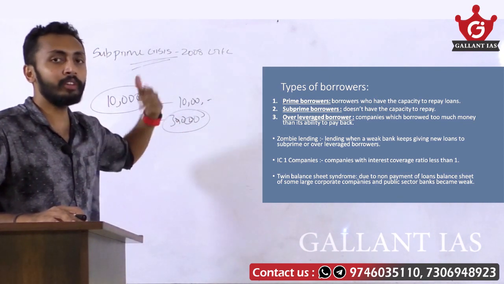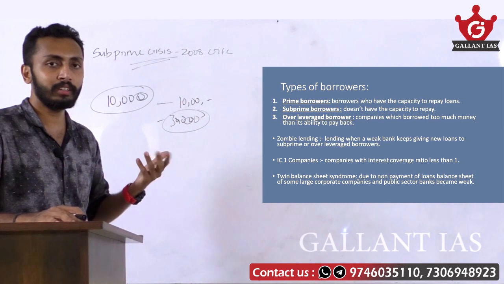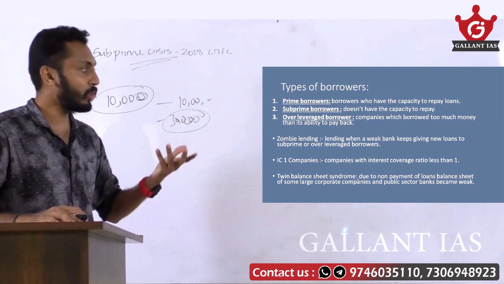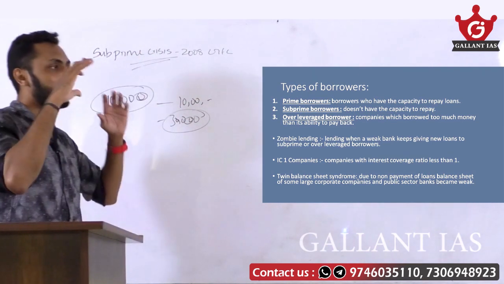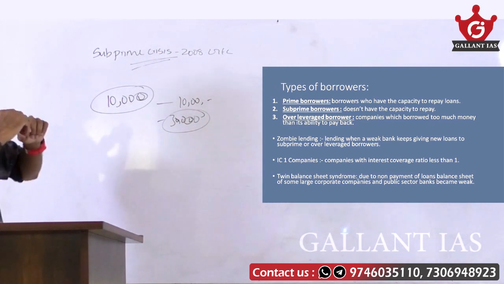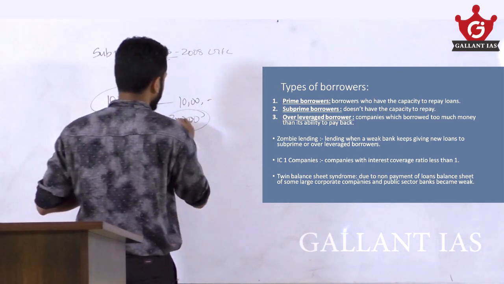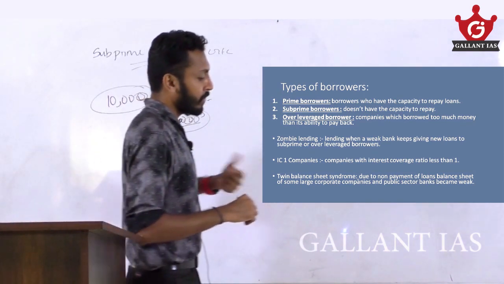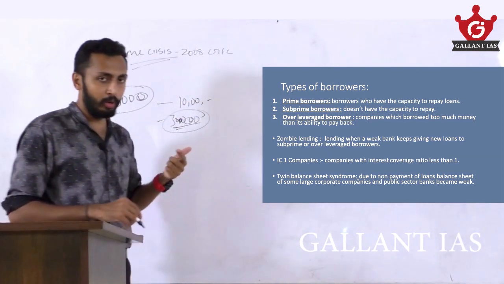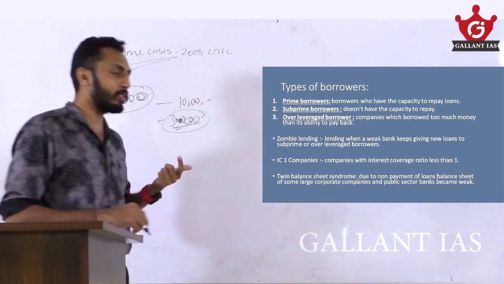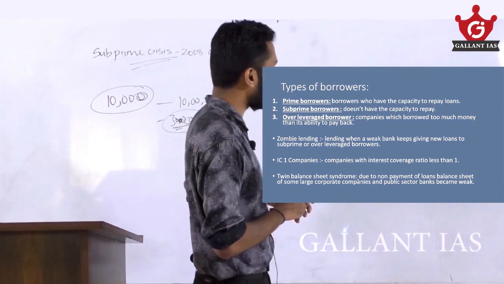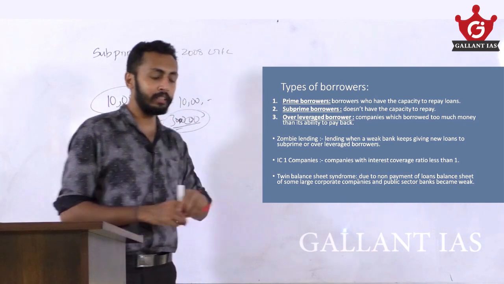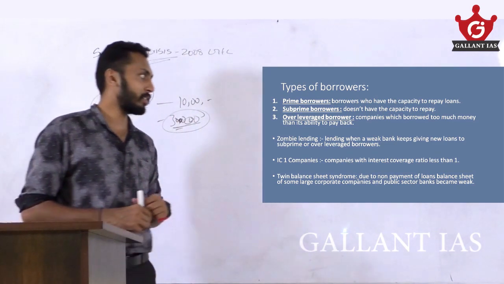This also happened in Western European countries, so it affected the world at large because they are the source of fund flow of the world. So credit given largely to subprime borrowers is one of the main reasons for the global financial crisis in 2008.